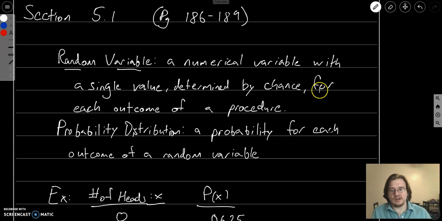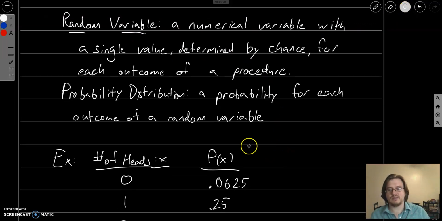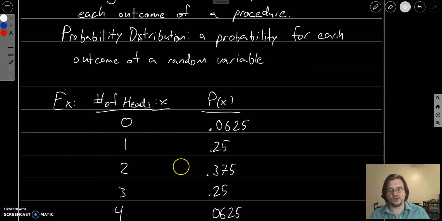So a random variable is going to be a variable that takes numerical values, and each value is going to be just a single value. It's determined by chance, and we'll determine that for each outcome of a procedure. An example of a random variable might be the number of heads that you get out of 4 coin flips.